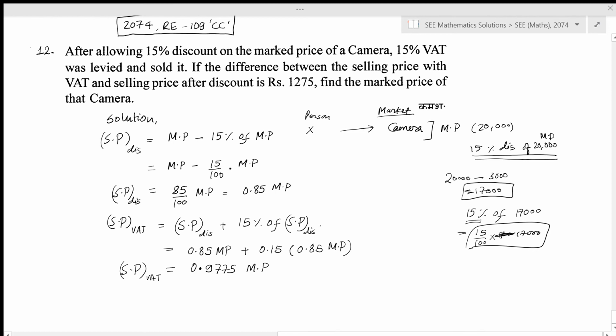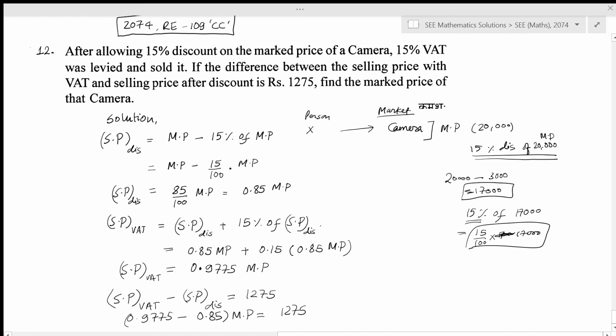The difference of these two, SP after VAT minus SP after discount, is given in the question as 1275. So 0.9775 minus 0.85, times MP, since MP is common on both, is equal to 1275.